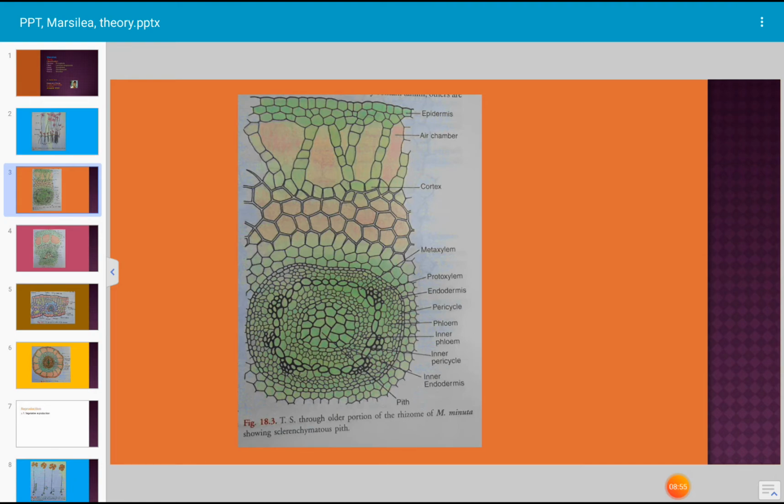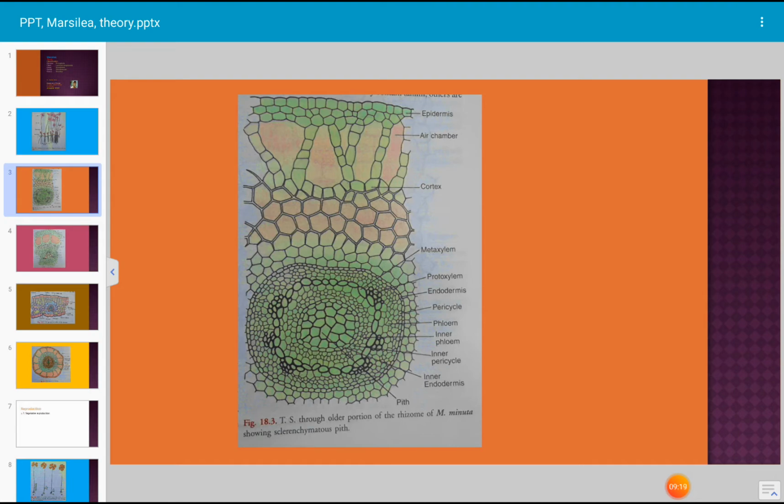Let us see the stele of the Marsilea. The stele is amphiphloic siphonostele. In case of rhizome of Marsilea, all species possess the siphonostele externally and internally limited by single-layered endodermis.